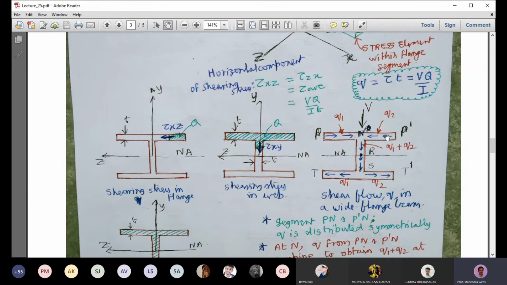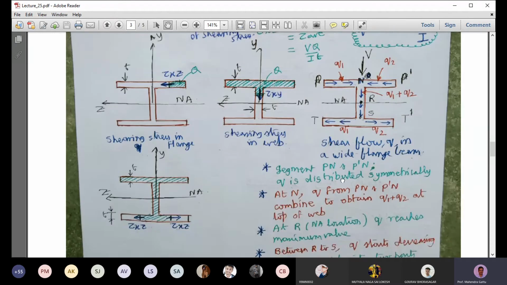At point N, the two contributions will add up, and the web portion will experience Q equal to Q1 plus Q2. This Q1 plus Q2 will reach its maximum at the neutral axis, and from there it will start to decrease. Again at this junction S, it will split up into Q1 and Q2, and here Q1 will decrease and finally go to 0 at T and T prime.